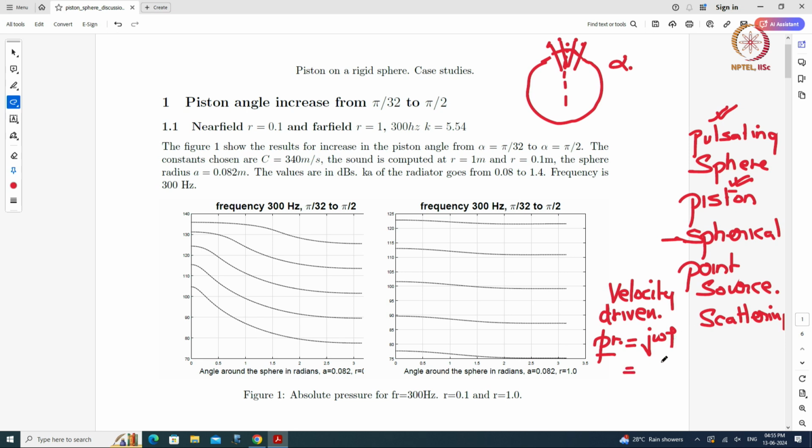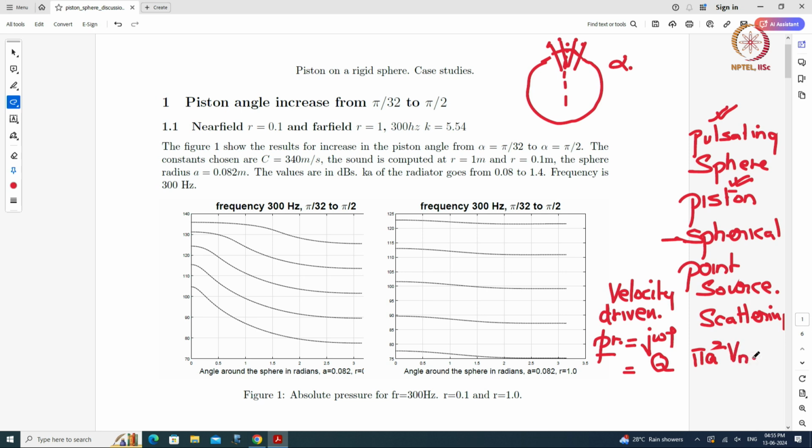Then there will be the source strength Q. In the case of the piston in a baffle, it was the area times the normal velocity.